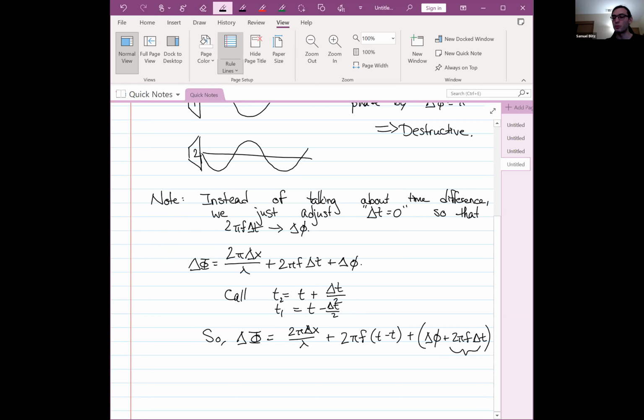Basically, we're just going to take what 2 pi f delta t is, and we're just going to call that part of delta phi, rather than worrying.